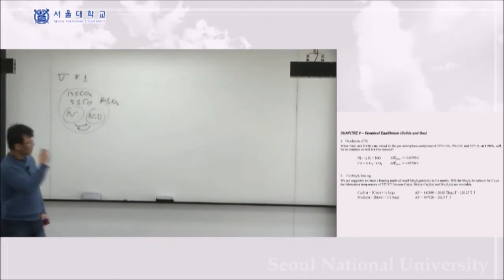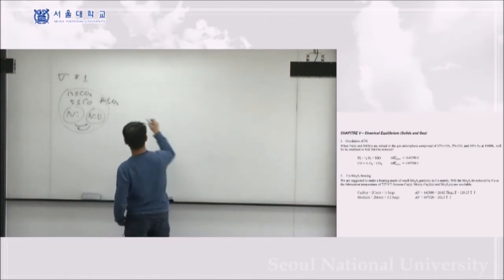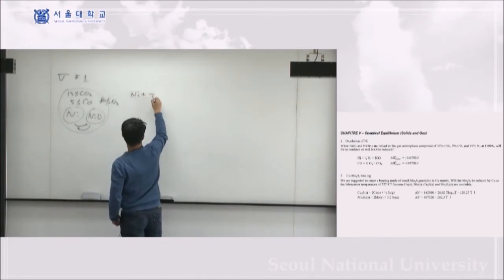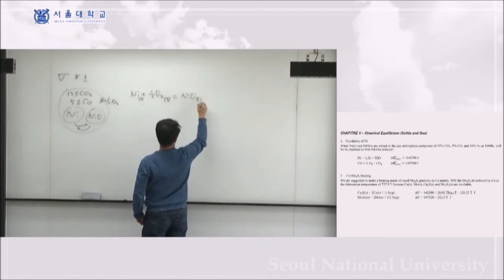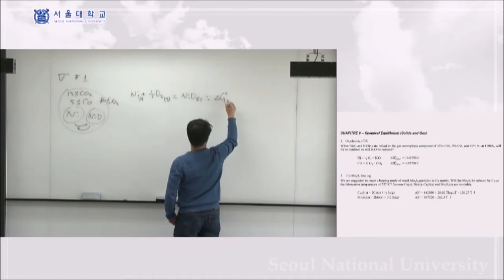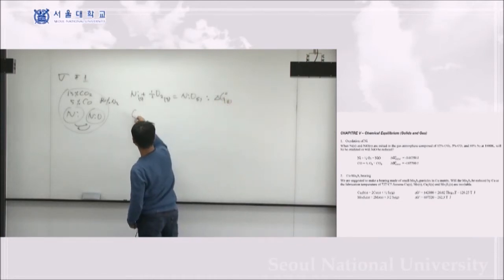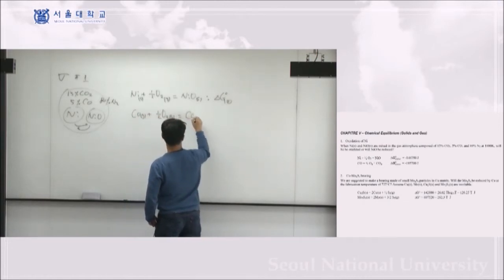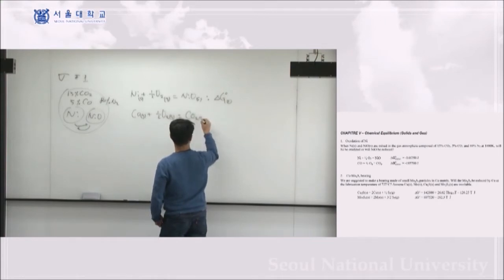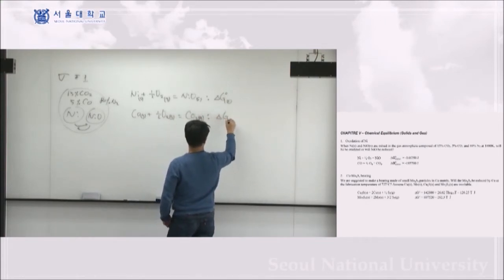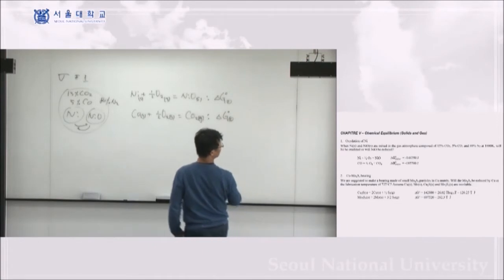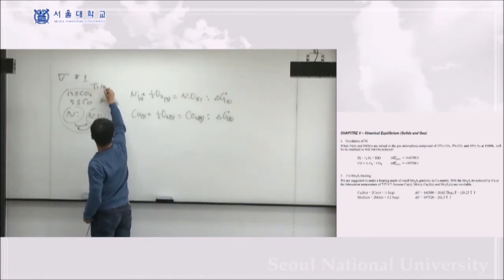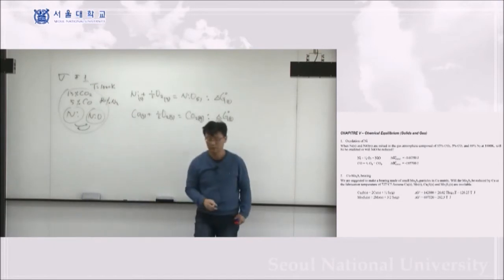And the two equations we have: I have this delta G naught of reaction 1, and I have this chemical reaction number 2 at 1000 degrees Kelvin.